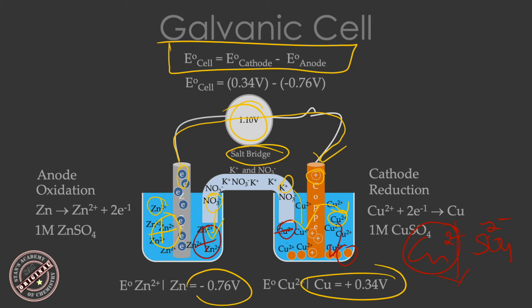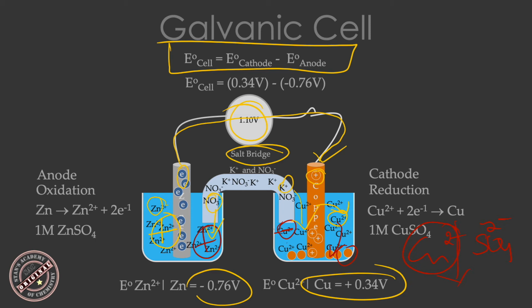So the salt bridge can maintain the electrical neutrality of the solution by allowing the positive and negative ions to migrate into the anodic and cathodic compartments. So the anode compartment will remain electrically neutral by the nitrate ions migrating into it, and the cathodic compartment will become electrically neutral by the potassium ions migrating into it.